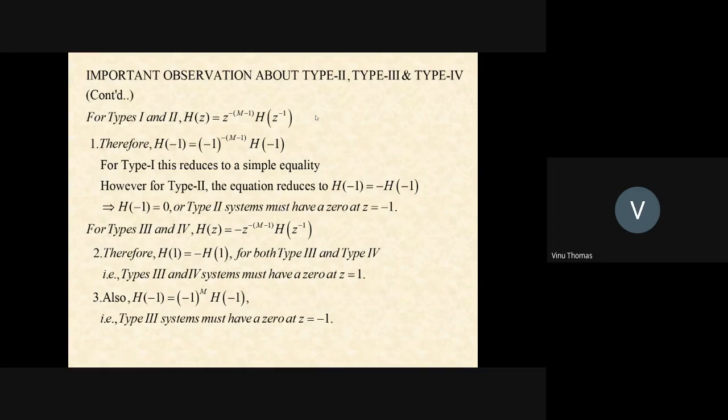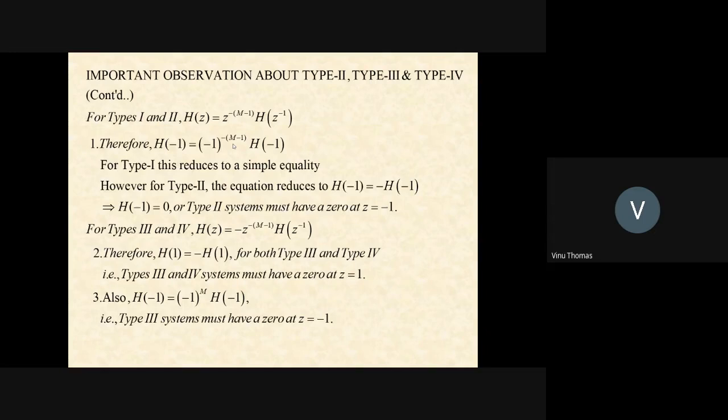Now let us put z equal to minus 1 and see what happens to the equation. Which means we can write h of minus 1 is equal to minus 1 the whole raised to minus (m minus 1) into h of minus 1. Now you know that for type 1, the length of the filter is odd, which means m is odd. For type 1, m minus 1 is therefore even.